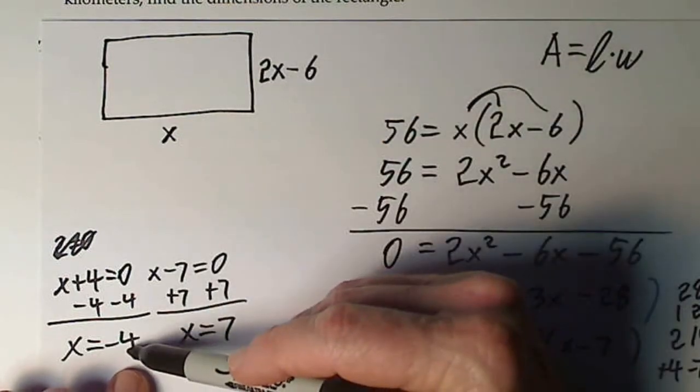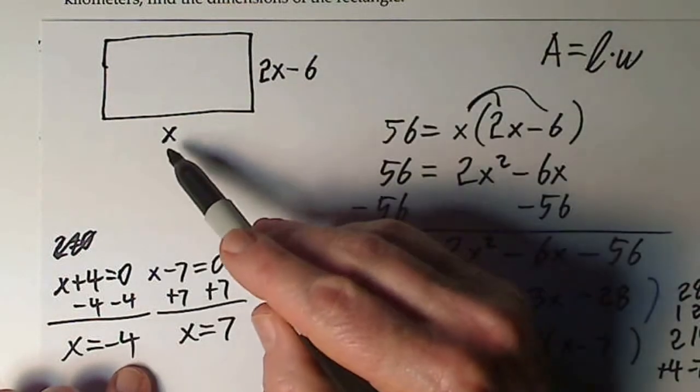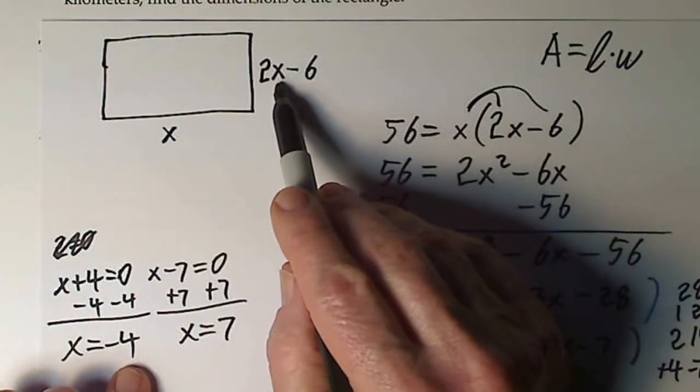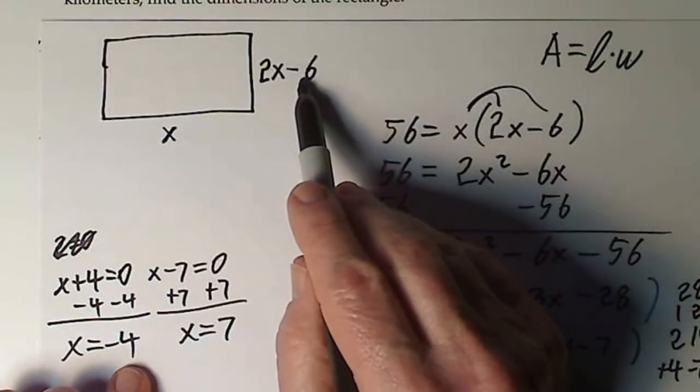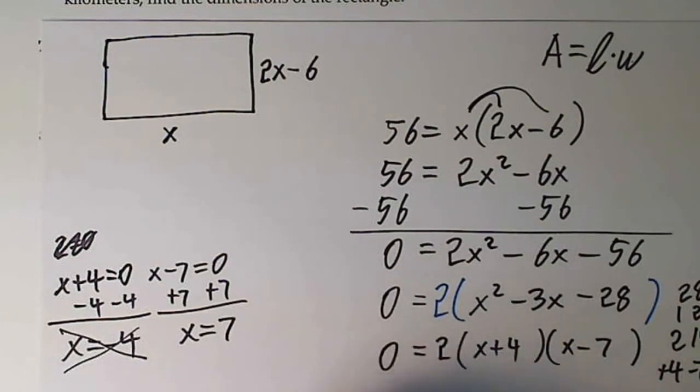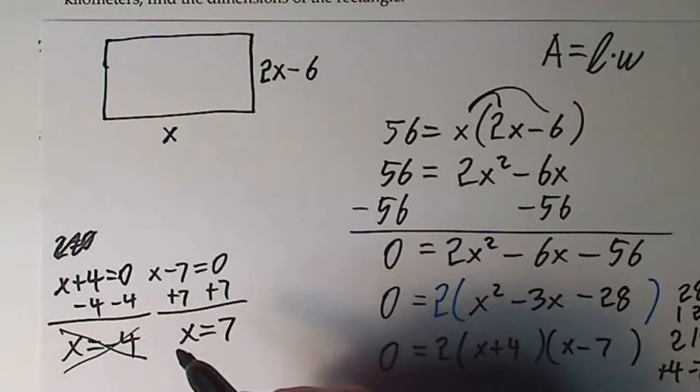If I plug in a negative 4, it won't make any sense because you can't have a negative distance. Even if I plug it in here, I would get a negative 8 and a negative 6. So x equals negative 4 simply can't work. You can't have a negative length.